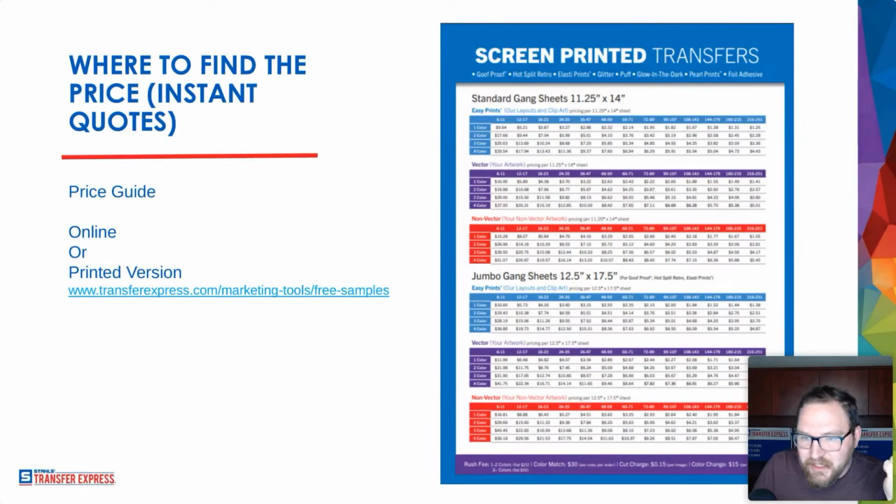I saw, let's see, Anna asked, I might have missed this, but if I have an SVG file and I want to get it in a transfer, what type must I upload it as? You could upload it as SVG, EPS, PDF, AI. The only kind of weird one is a CDR file, or the Corel Draw file.